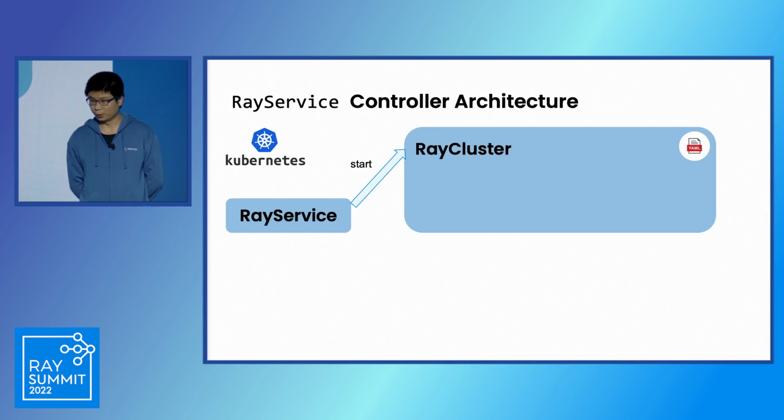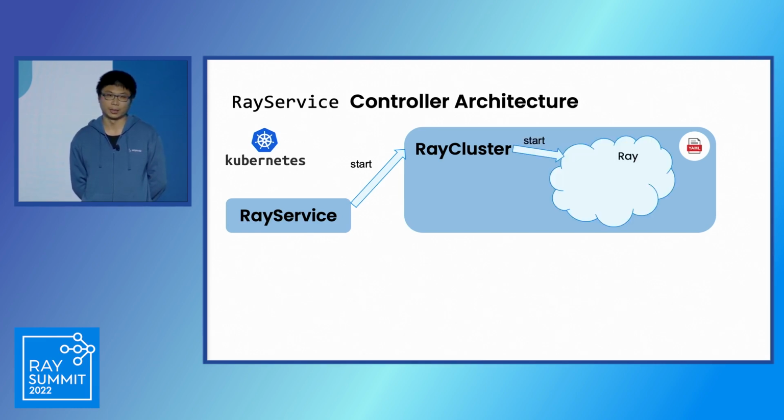So the Ray cluster operator will read its own CR config, and then start the Ray cluster in the Kubernetes cluster. The Ray Service operator will know this cluster and keep a health check to know whether this Ray cluster is ready to deploy any Serve deployments.